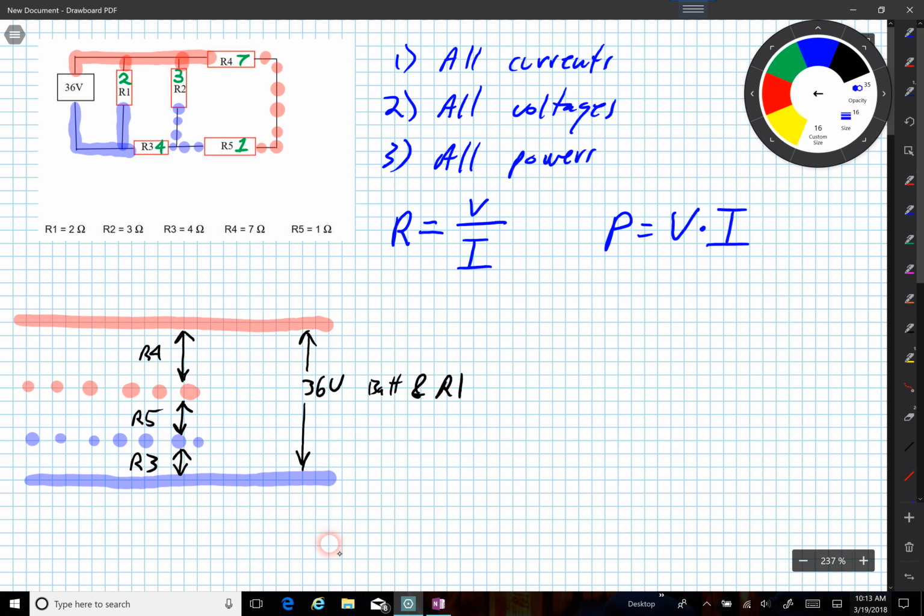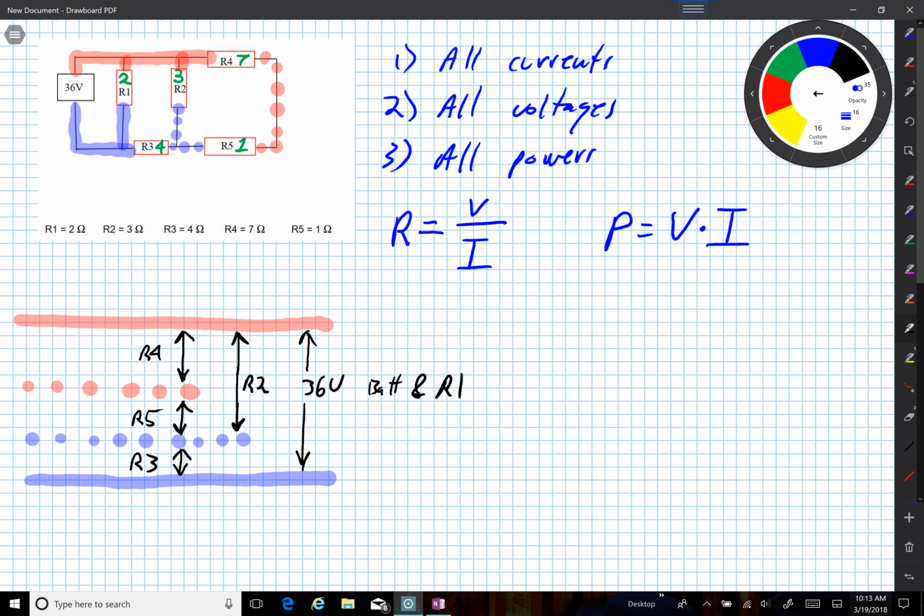So let me go back here, extend this a little bit, and then I can go like this. That there is R2. That's solid red to dash blue. Okay, those are all my color combinations and the components that are across them.